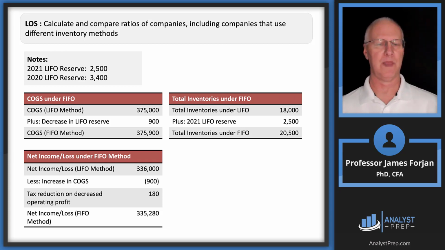Note in that bottom left-hand adjustment, we also need a reduction in our taxes because we're going to have a lower operating profit had we used the FIFO method. So don't forget to throw in that 180.